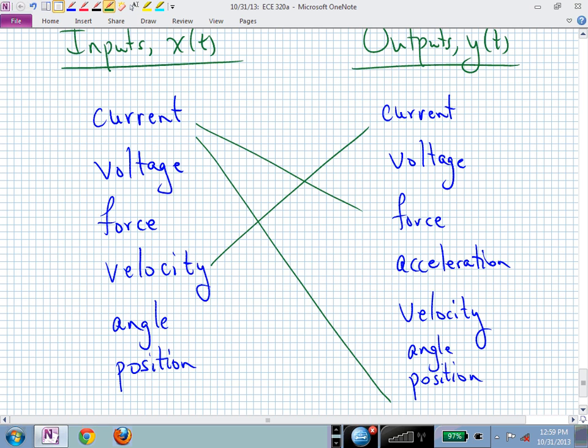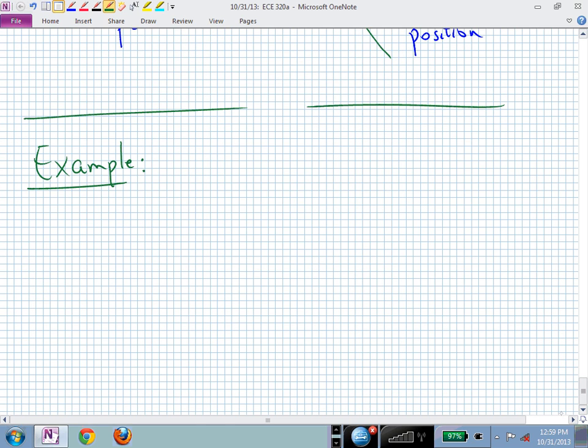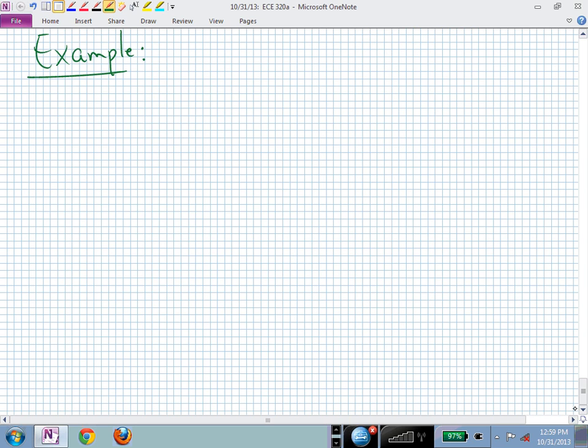Let's look at one from a system that you should be very comfortable analyzing. A hydromechanical electrical system. No. Everybody's had their dynamics, right?